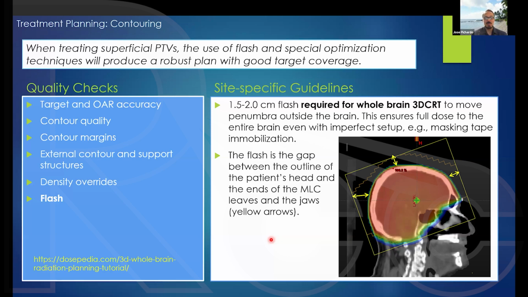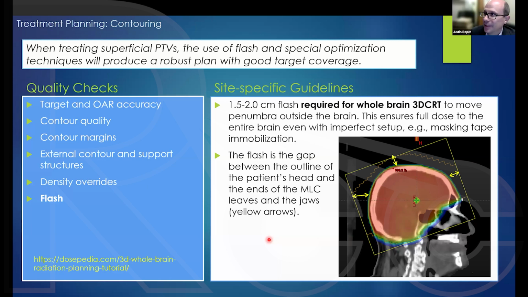That's not our practice at Emory. We do not use flash. We use very rigid immobilization with the mask and imaging for patient setup in conjunction with the robotic couch. So no flash for our VMAT whole brains. I apologize, I don't have experience with it, so I won't be able to give you a good answer.